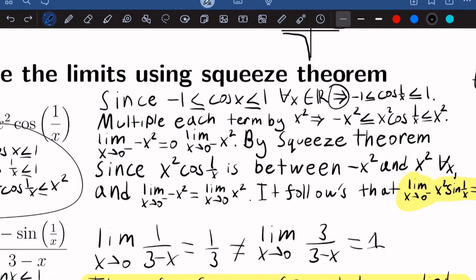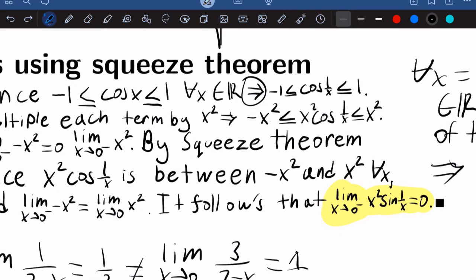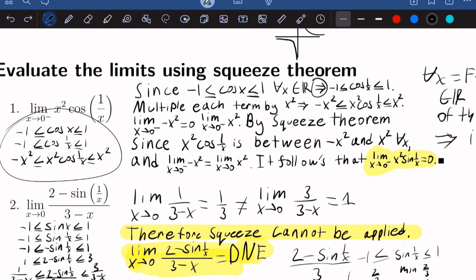And then I wrote, since -1 is less than cosine x, which is less than 1, for all x in the real range, it implies that negative 1 is less than cosine of 1 over x, which is less than 1.